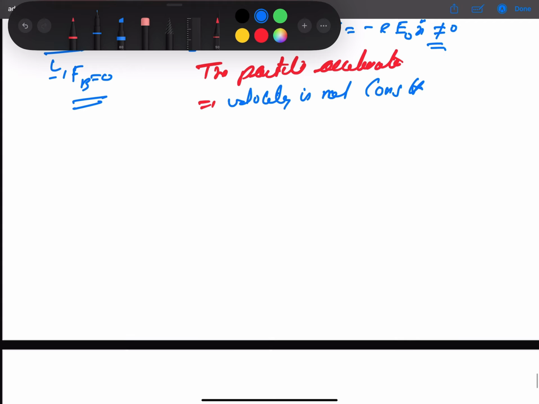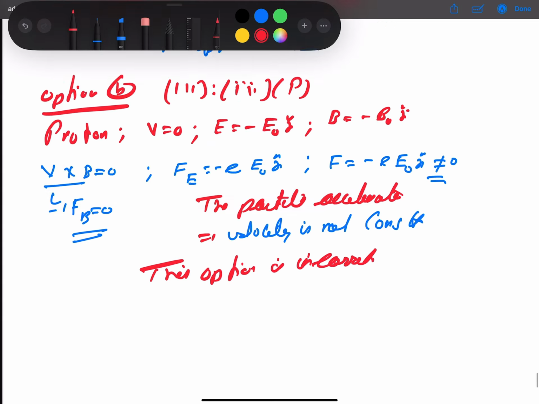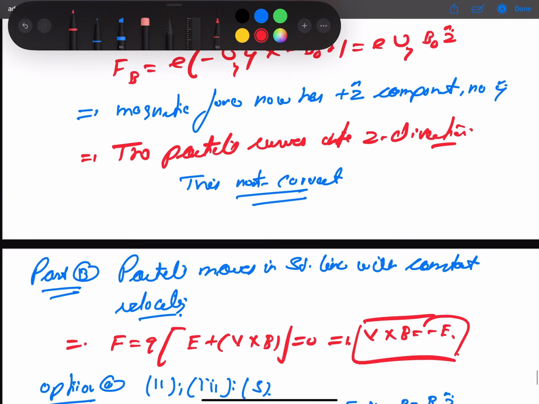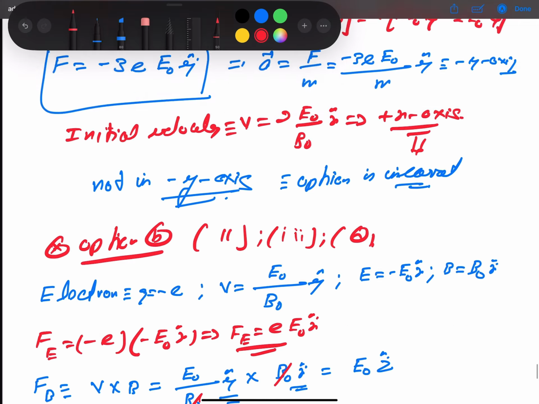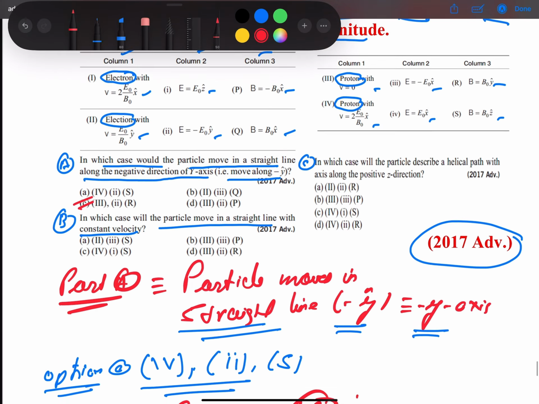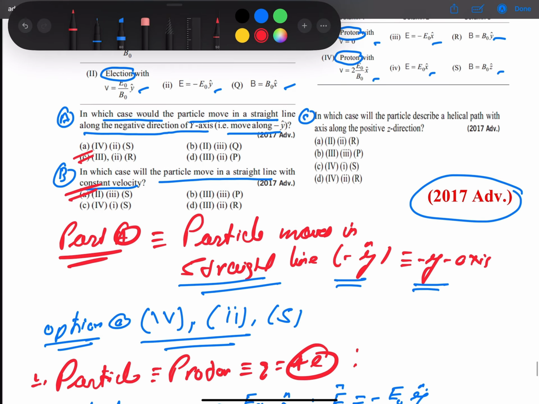So this option is incorrect. So for part B, option A is correct.